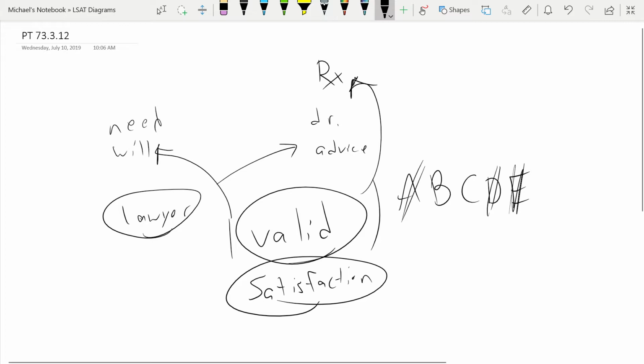So B says the software can't do it as good as a lawyer can. And in this case over here with the prescription, our doctor gets us something we're satisfied with. And C gives us that conclusion.